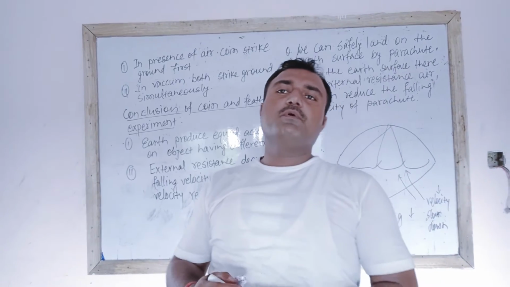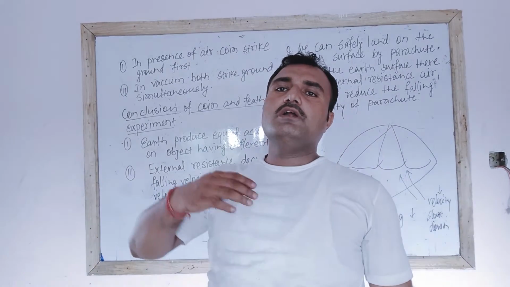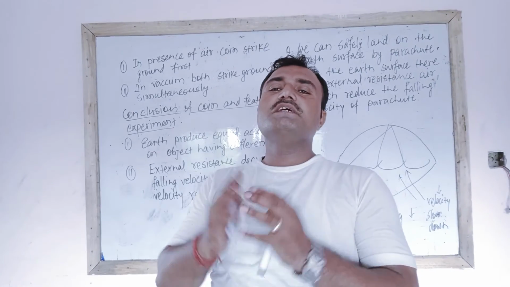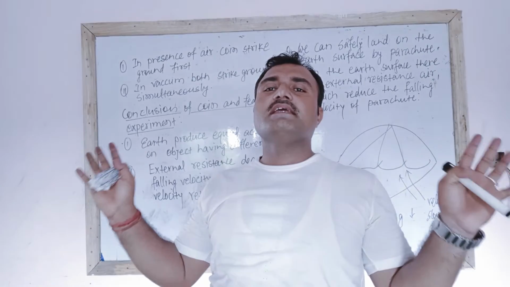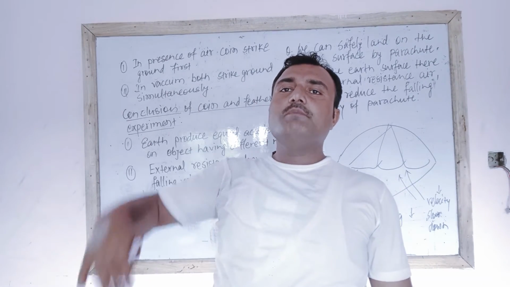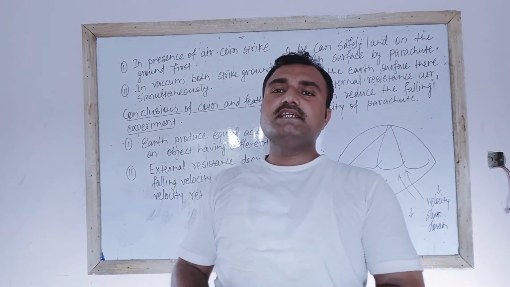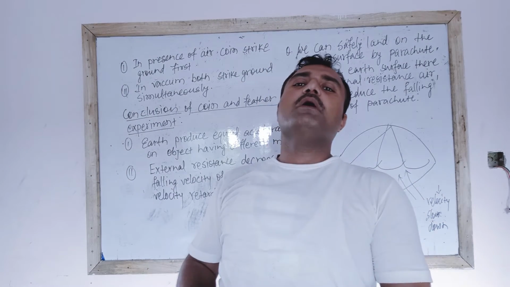But when we jump with the help of a parachute on the surface of the moon, it is dangerous. Why? Because there is no external resistance like air. Therefore the falling object is in free fall condition, its velocity gradually increases and there is a high possibility of a fatal fall.